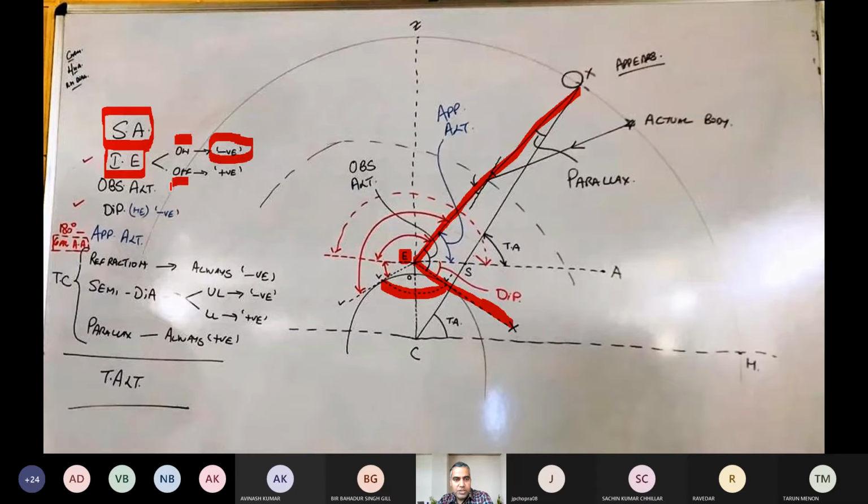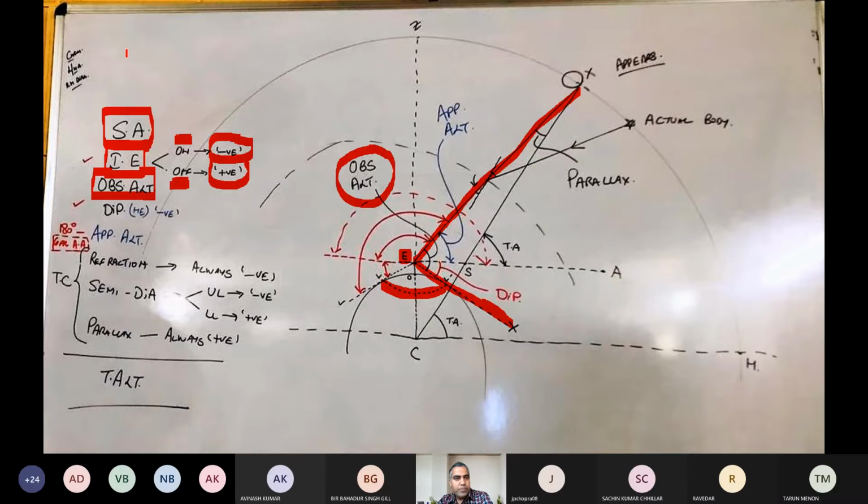And if the index error is off, you put it on. On means positive or plus. That is how we apply the index error. Once you apply the index error, the altitude which we obtain is known as the observed altitude. You see here, this red color angle which I have made here is the observed altitude of the body.